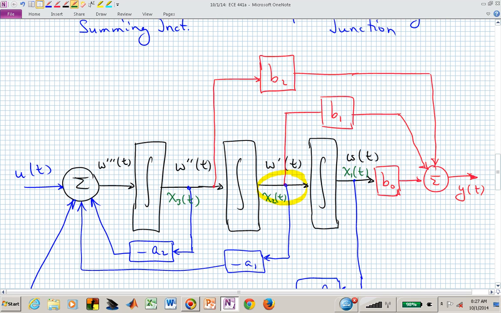Because this was a strictly proper transfer function, y should not contain a non-zero d value, a direct feed-through term. Do you see u coming over into that summing junction? No. So there is no d term in our state space representation. All we have are combinations of our states. We have b sub 0 times x1, b sub 1 times x2, and b sub 2 times x sub 3.